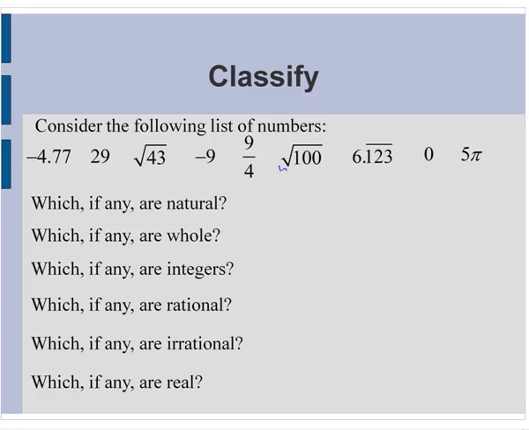For example, this one, the square root of 100, can be also written as 10. Hey, that's a natural number. So the square root of 100 is natural. 29 is also natural.